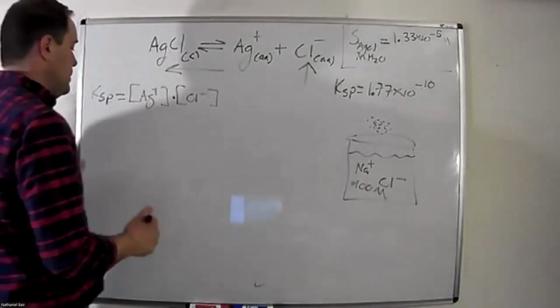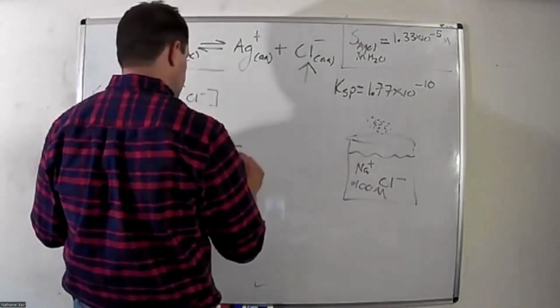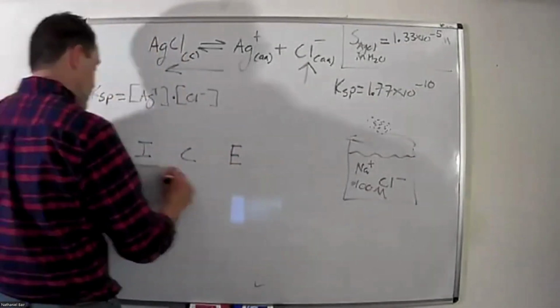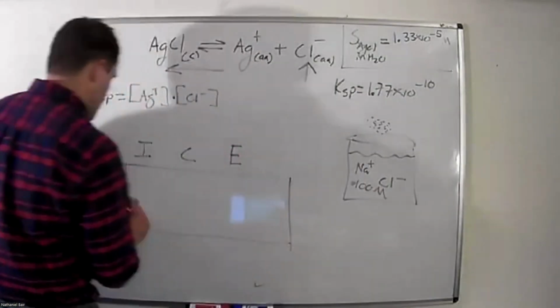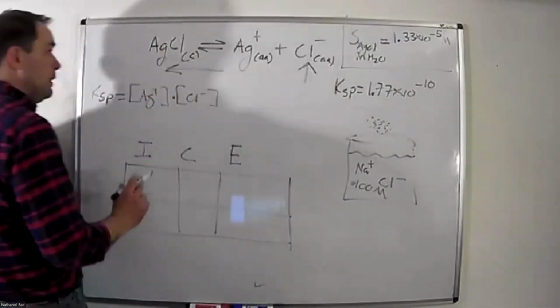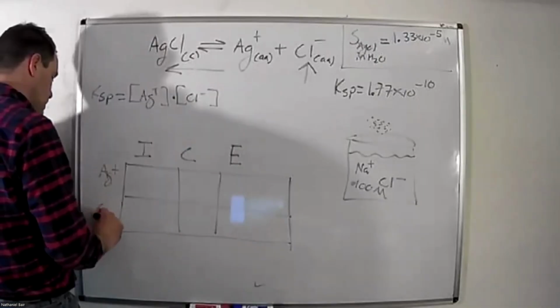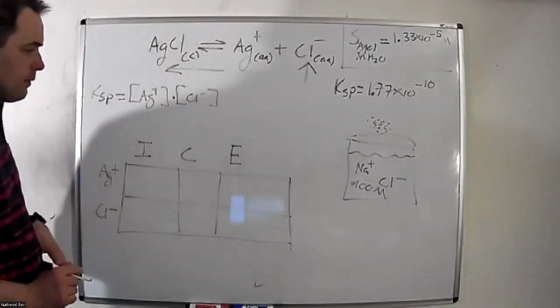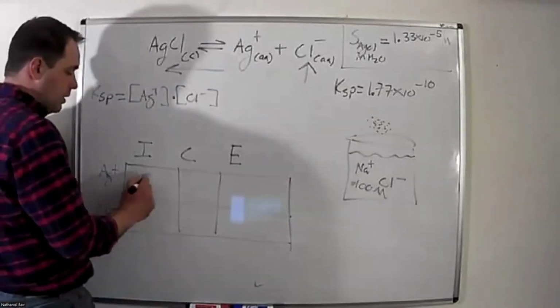Now we can make our ice table. Remember, you only have the number of rows in your ice table that is equal to the number of things in your mass action expression. So we have a row for silver and a row for chloride. Now, there is no silver in here initially, so that is a 0.